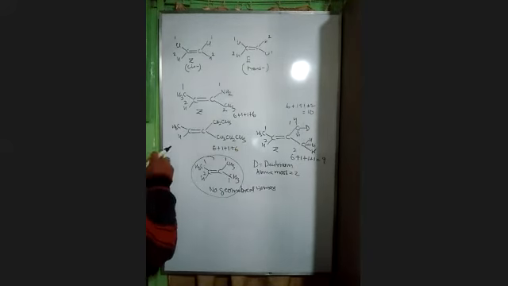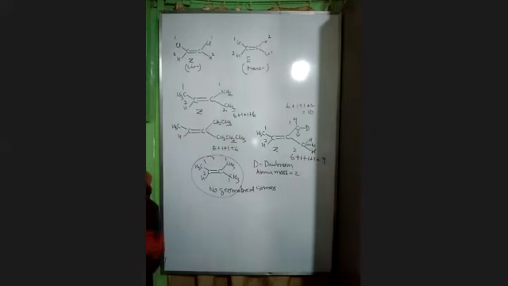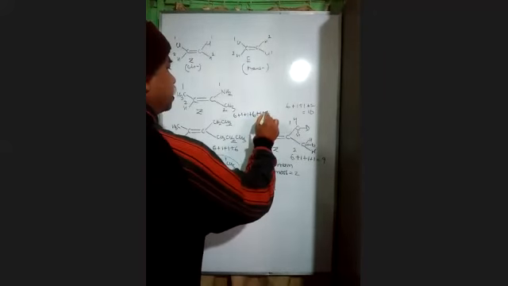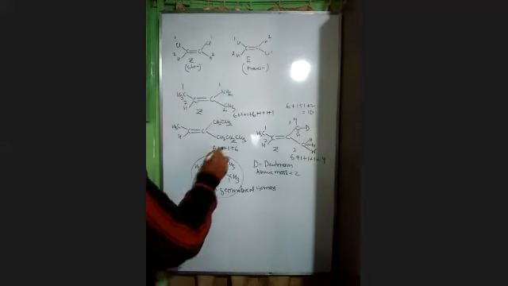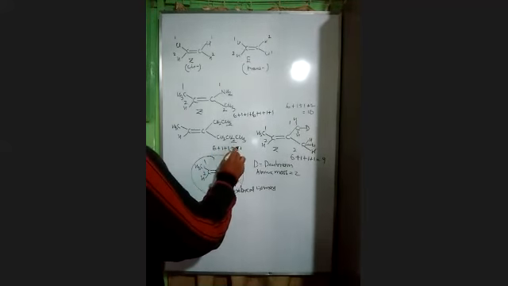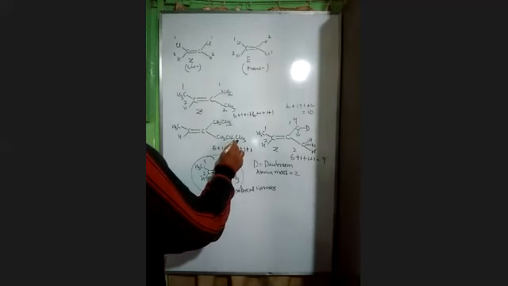Then when I cannot resolve it, I have to take this into consideration. So what should I do? I'll write now here 1 plus 1 plus 1. Then I'll take the help of this 1 plus 1. And it is again bonded to this carbon.